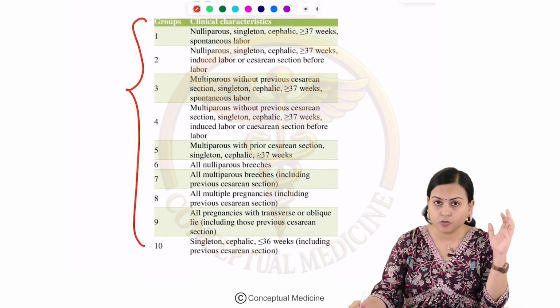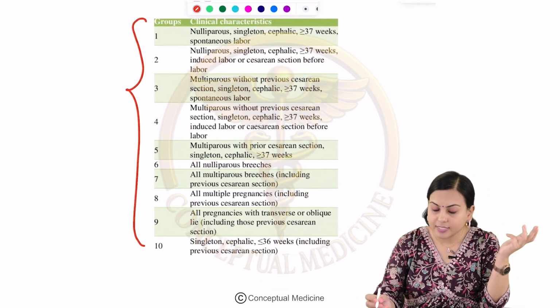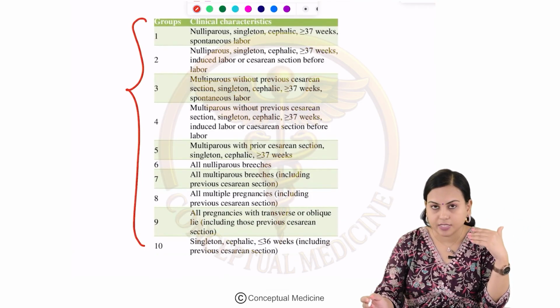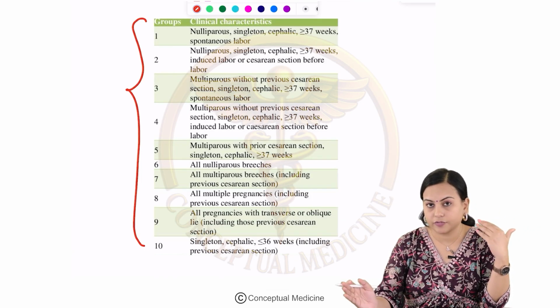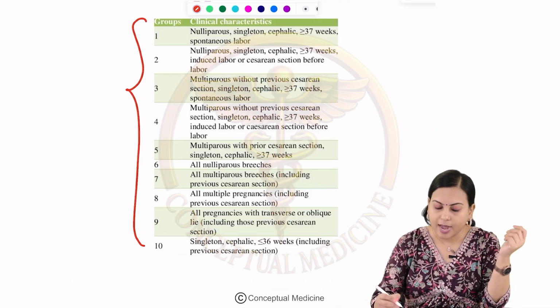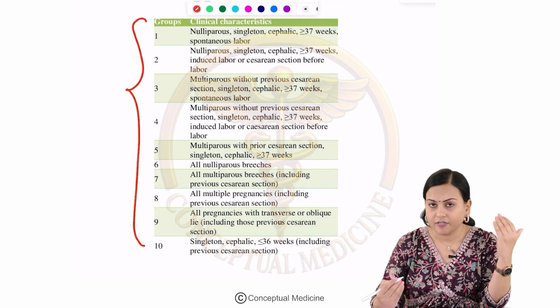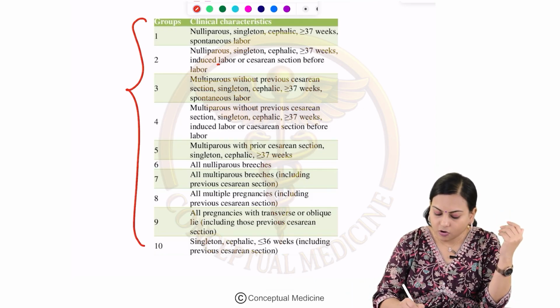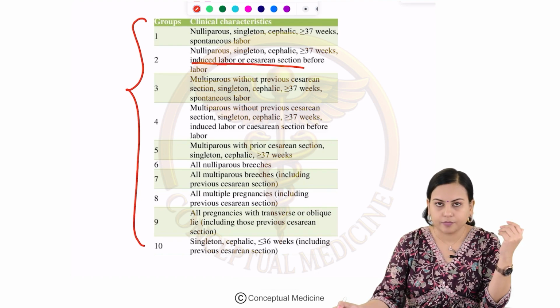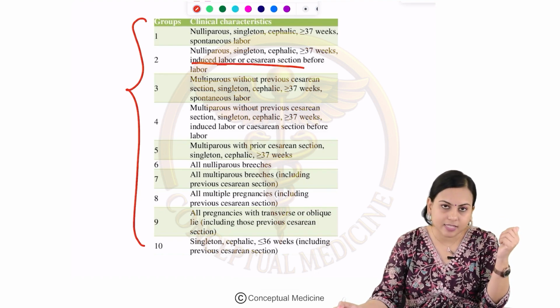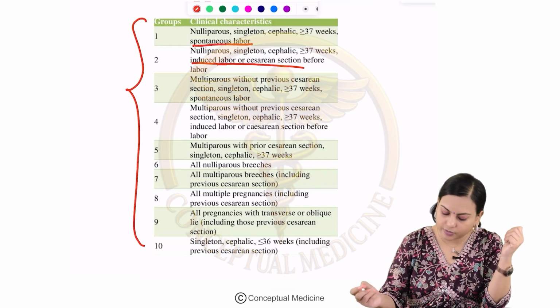The first group is a nulliparous woman with a singleton pregnancy, cephalic presentation, gestational age more than 37 weeks, in spontaneous labor. Group 2 is a nulliparous woman, singleton pregnancy, cephalic presentation, at or more than 37 weeks, with induced labor or Cesarean section before labor. Before labor itself we are planning Cesarean section for her, so that is the difference.